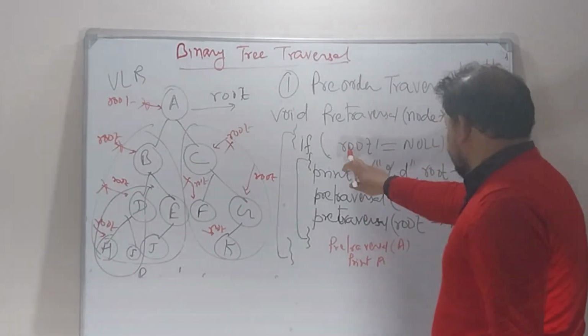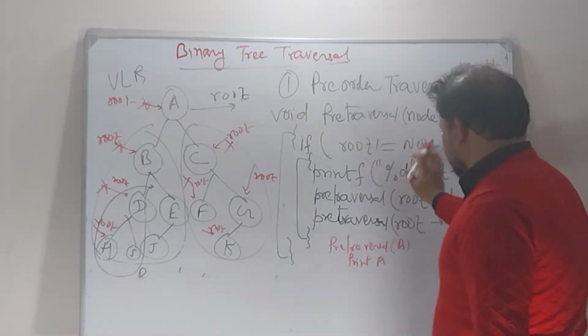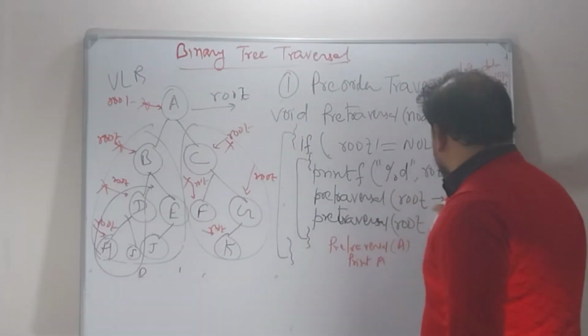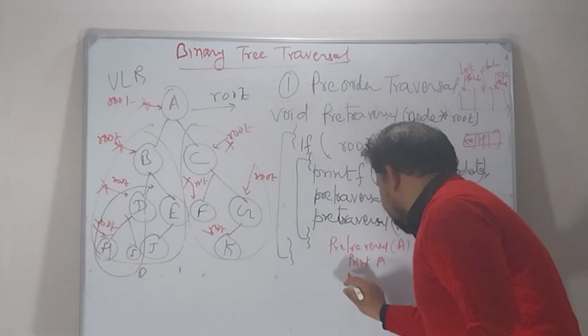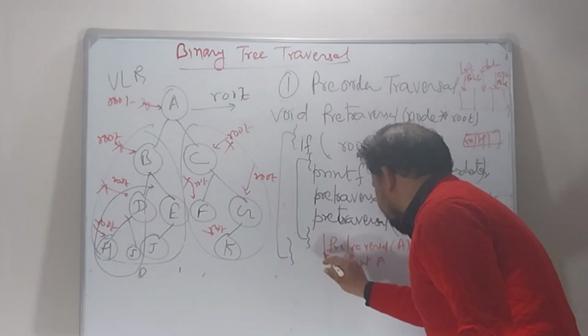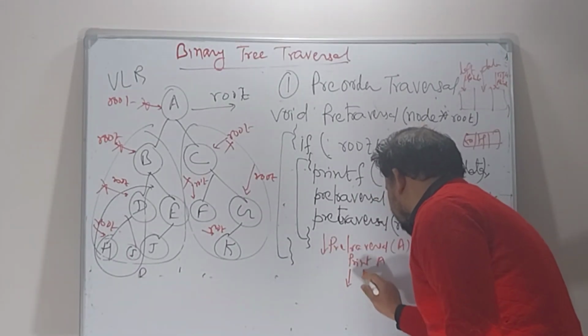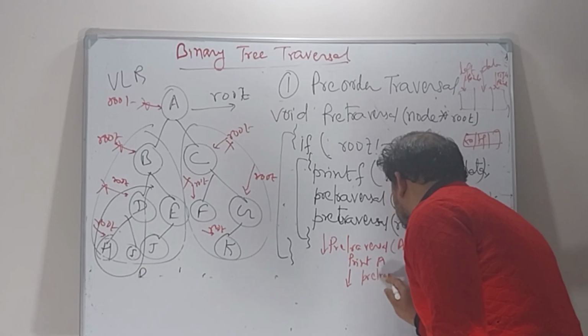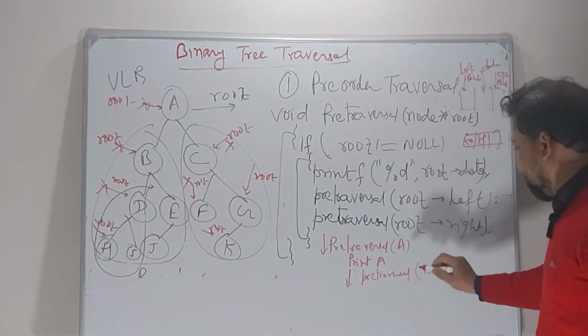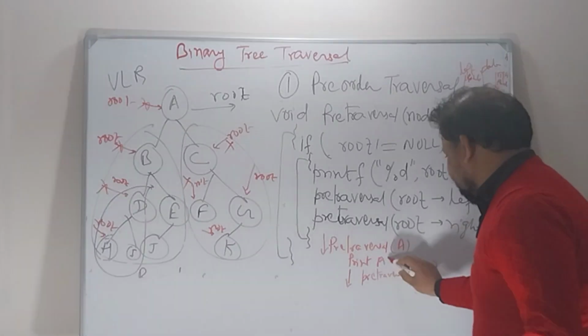After this print A, it is not null, so A is printed. Then pre-order traversal root left. So once again this function is calling here, pre-traversal B. Clear?